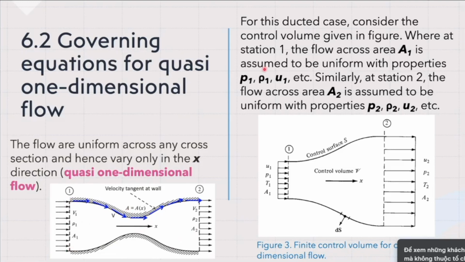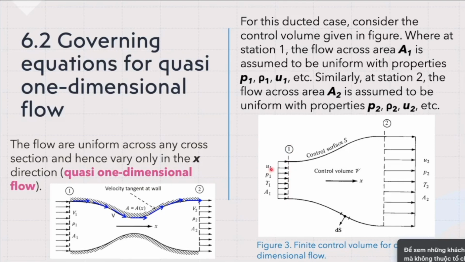For this type of ducted case, consider the control volume. We want to consider a control volume from 1 to 2. We are not going to look from a big area to another big area, but we just consider a control volume from station 1. So this is our station 1, a finite control volume for quasi one-dimensional flow.